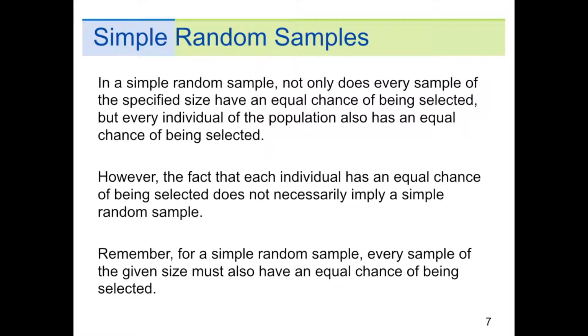However, your sample cannot have 2 people from the same original group, because you've only chosen one from each. So your sample, in that case, not all samples have the same chance of happening. And in this case, actually, some of them have no chance of happening.